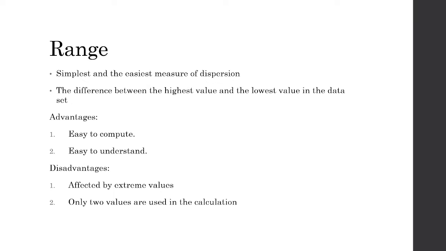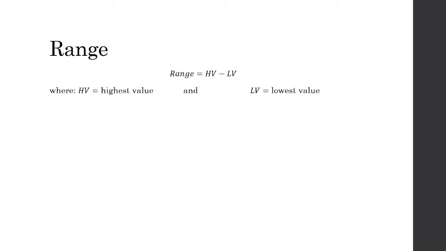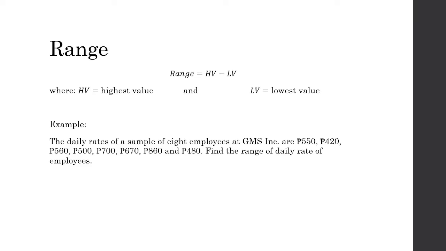The formula for getting the range is just equal to the highest value minus the lowest value. For example, we have here this recurring example wherein the daily rates of a sample of 8 employees in GMS Incorporated are 550, 420, 560, 500, 700, 670, 860, and 480.